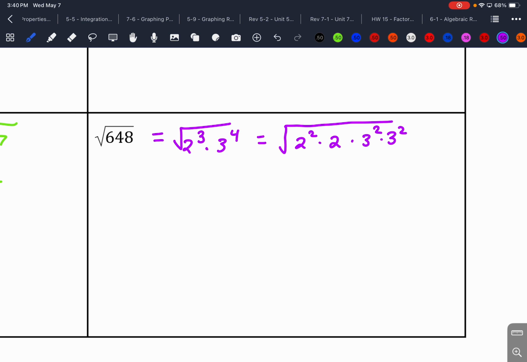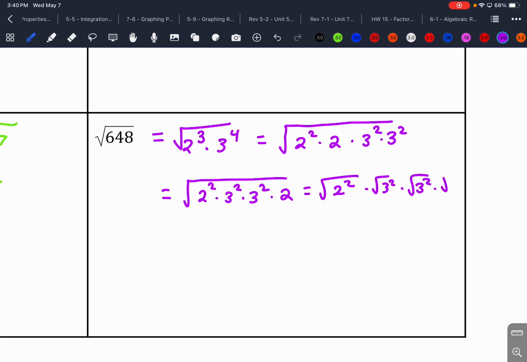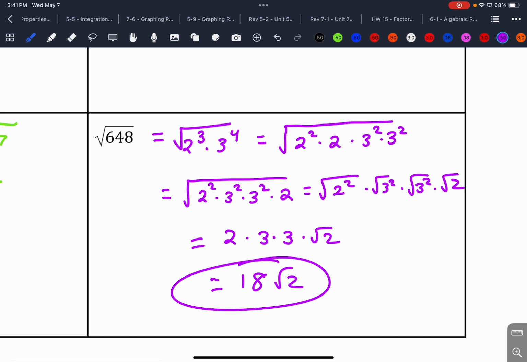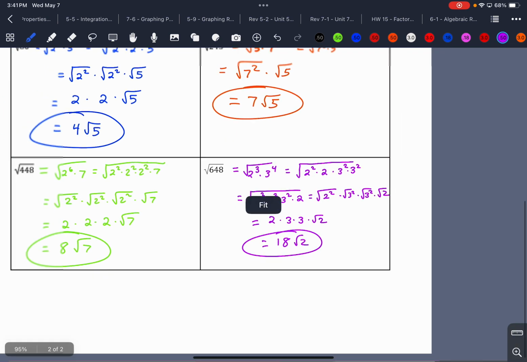So if I rearrange that, I can write this as 2 squared times 3 squared times 3 squared times 2. So that equals 2 times 3 times 3 times root 2, which equals 18 root 2. Okay?